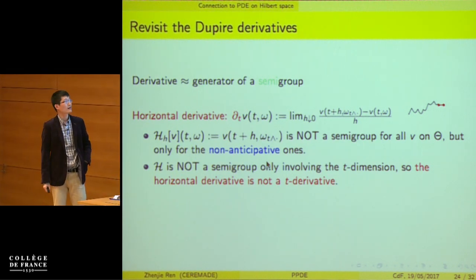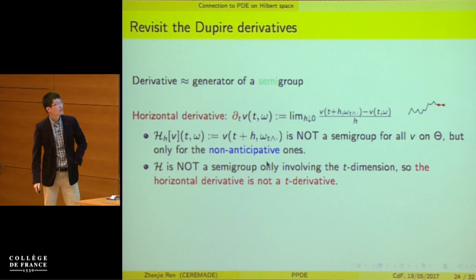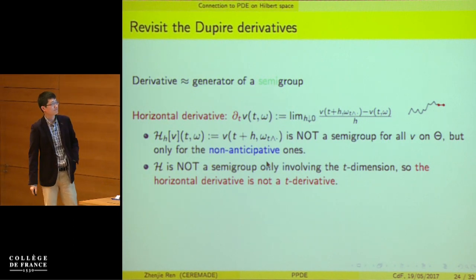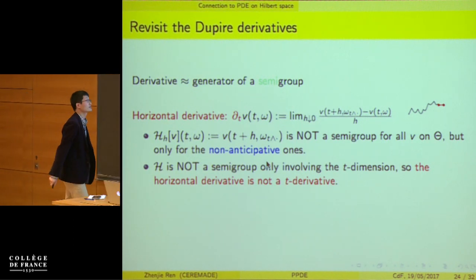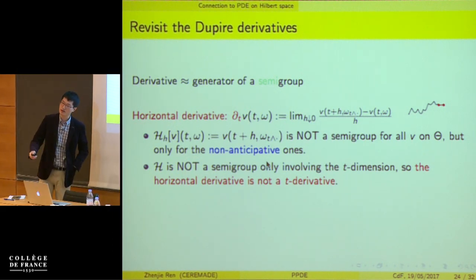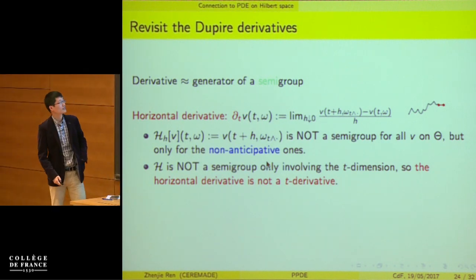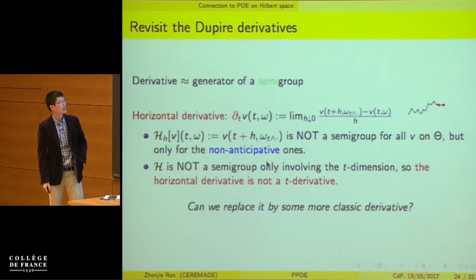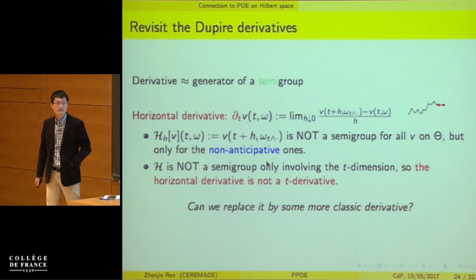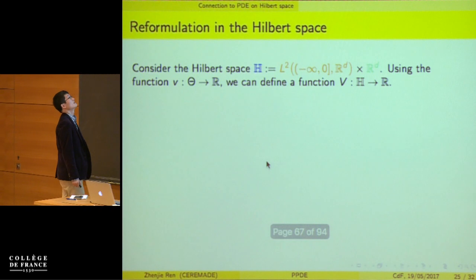It also involves the omega, because you make some change there. This means the horizontal derivative is indeed not a t derivative, which is why I never call it a t derivative. So can we replace it by some more classic derivatives? Of course, yes.